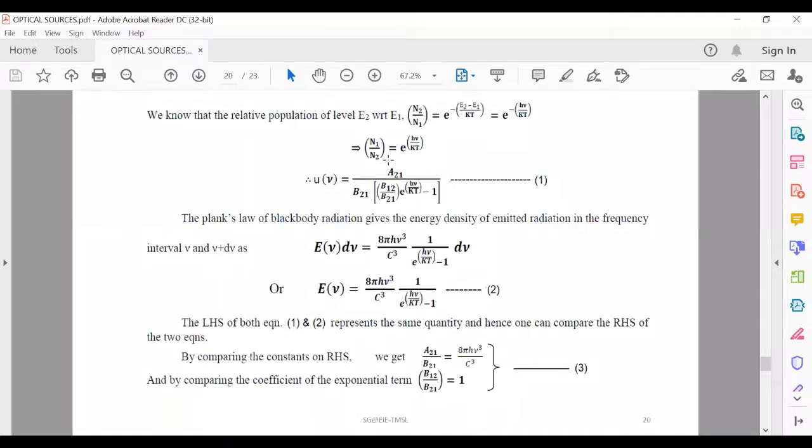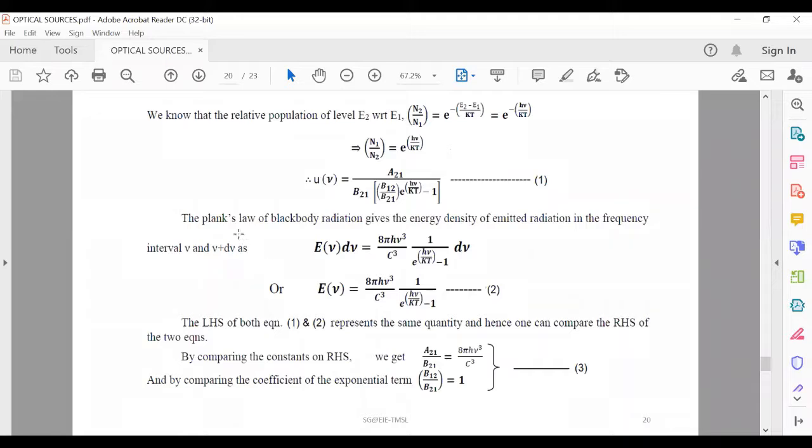So here from this equation, the energy density can be written as A21 by B21 into 1 by ((B12 by B21) e to the power h nu by KT minus 1).